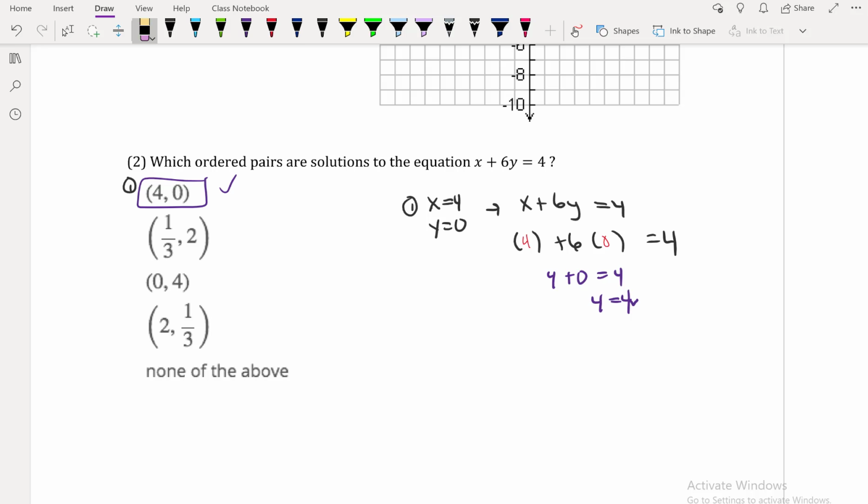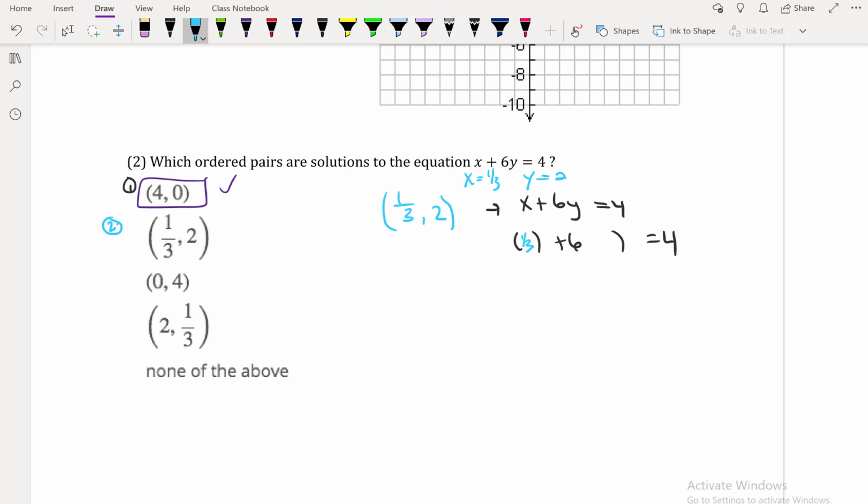Now I'm going to do this for the next point. My next point that I'm going to try is x is equal to 1/3 and y is equal to 2. So I'm going to change what I'm doing here slightly. So now the ordered pair that I'm looking at is 1/3, 2. So here I have x is equal to 1/3 and y is equal to a value 2. So I plug that in.